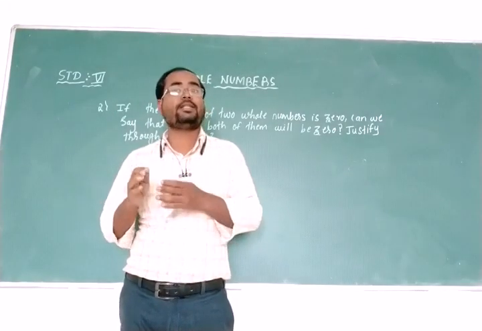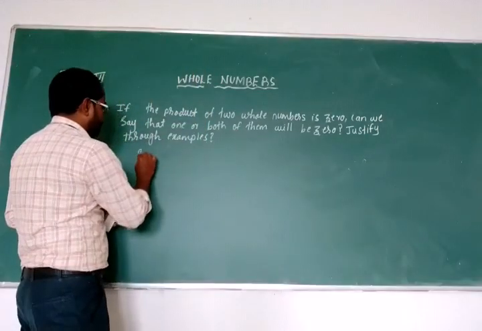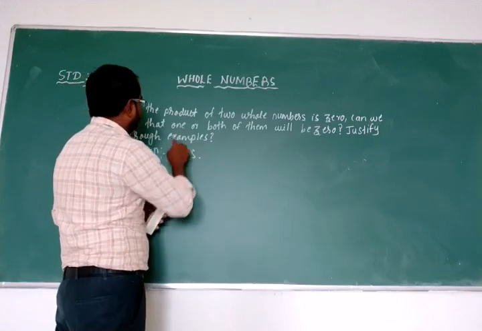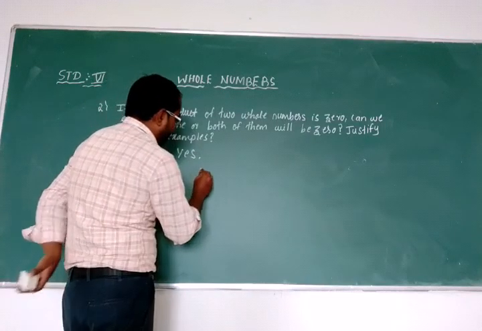There is no other possibility of getting 0 in a multiplication. So the answer is yes: either one of them has to be 0 or both of them.